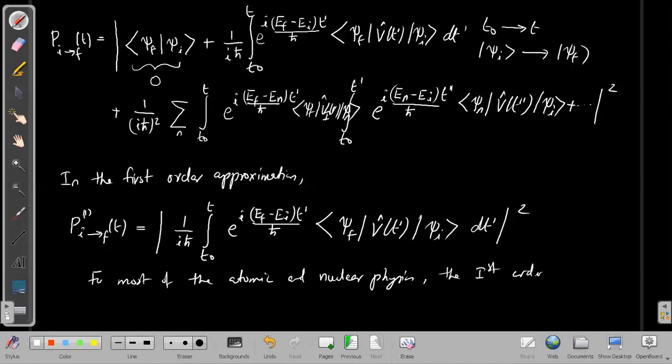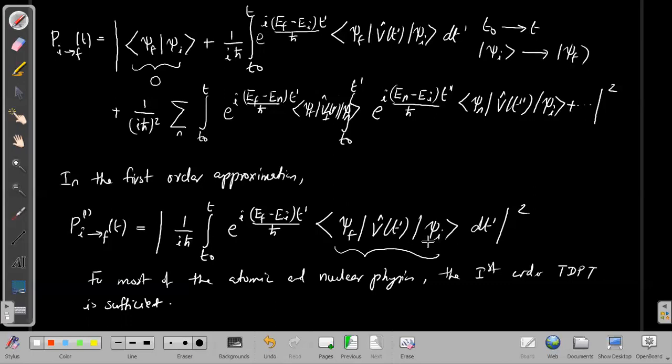The first order time dependent perturbation theory is sufficient. Okay, in some cases we may have to go for the second order perturbation theory. Here the only thing is, if you look at this expression, we have to find the inner product between psi f and psi i.